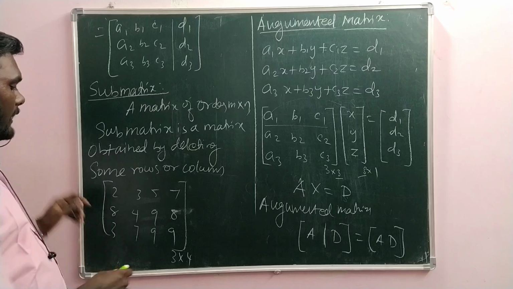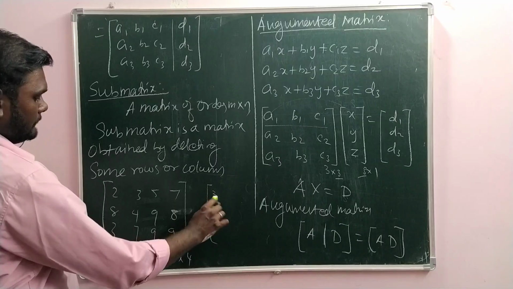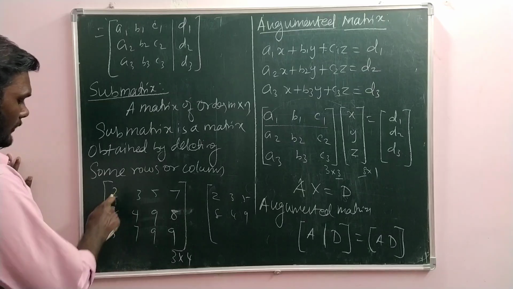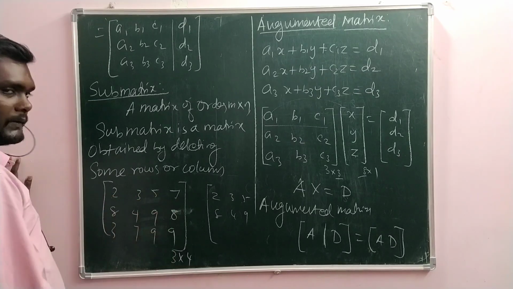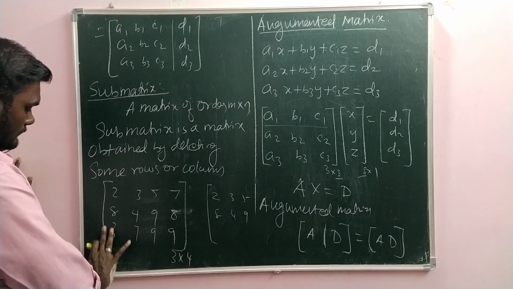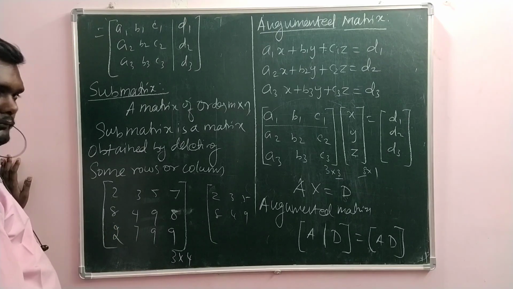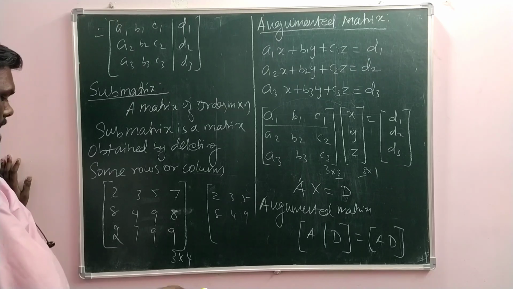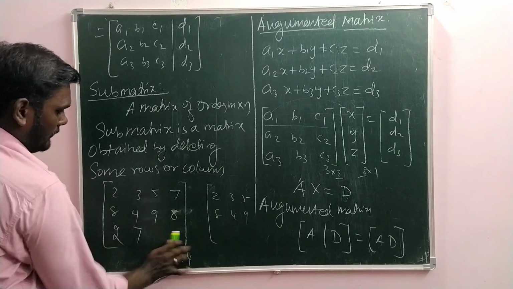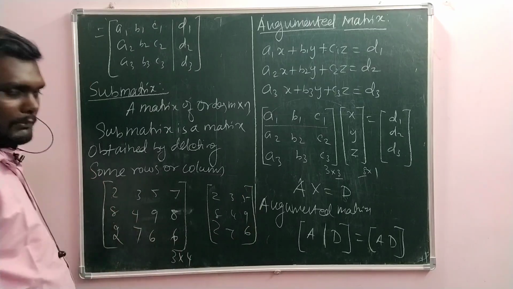Now, if I delete only this row, then I'll get a 3 by 3 submatrix, like 2, 3, 5, 8, then 7, 9, 9, 6, then 2, 7, 6. It is a 3 by 3 submatrix.